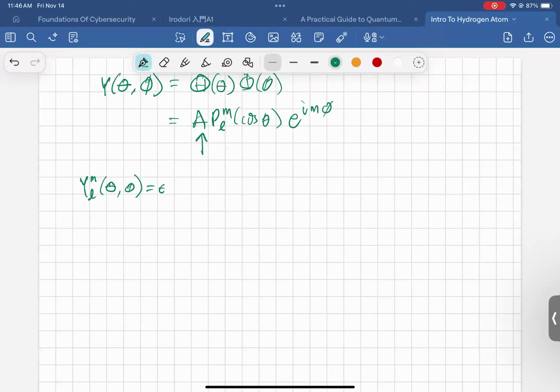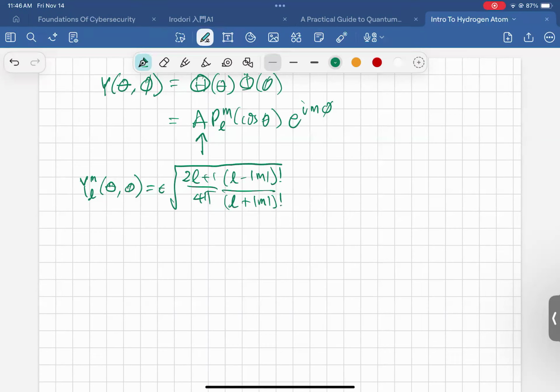Okay, so 2L plus 1 over 4 pi, okay, and then L minus absolute value ng M factorial over L plus absolute value ng M factorial.